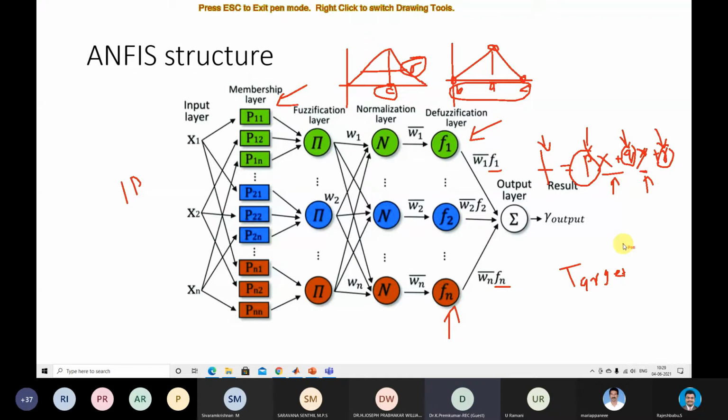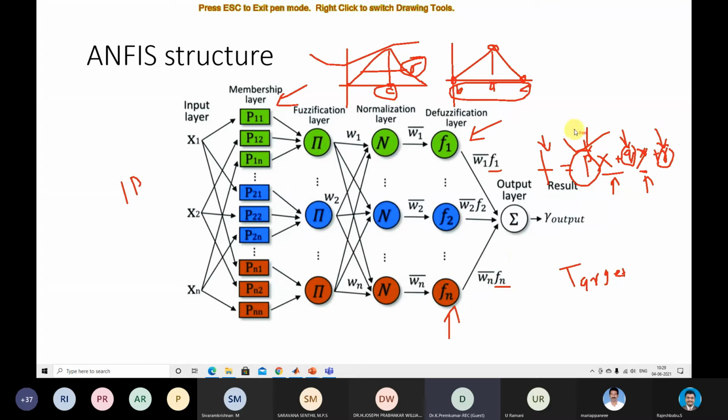So the tunable parameters in the membership function and the tunable parameters in the defuzzification layer output equation are going to be optimized based upon the input and target we are getting, right? After getting this input and target, we have to use the neural network algorithm concept to tune these parameters, right? So what happens after the training process?